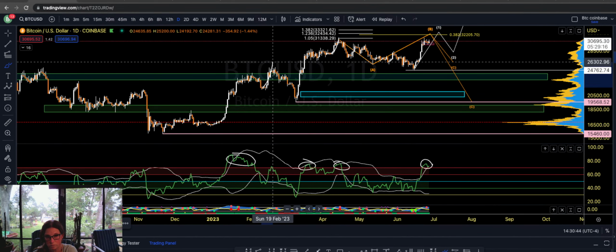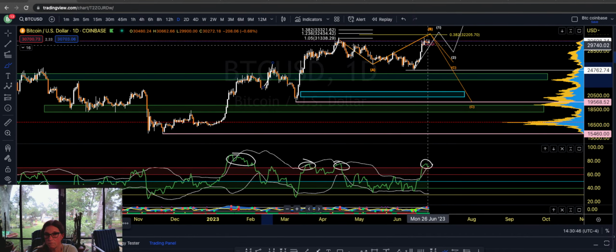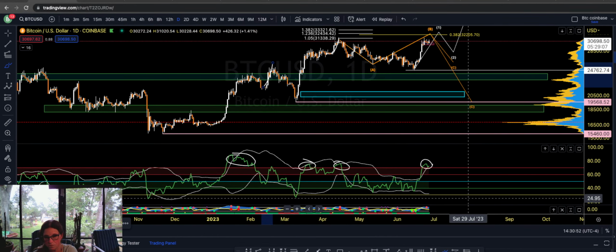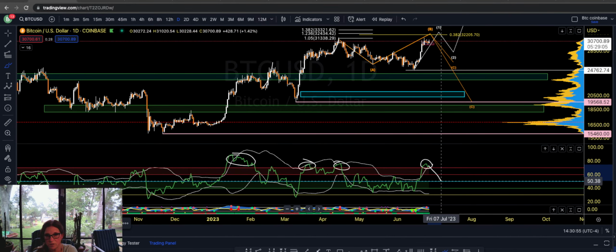From this level, it can't blast to the moon. It has to reset itself at least back to 50, or at least really back to 50, before it's going to have the power to move to the upside.